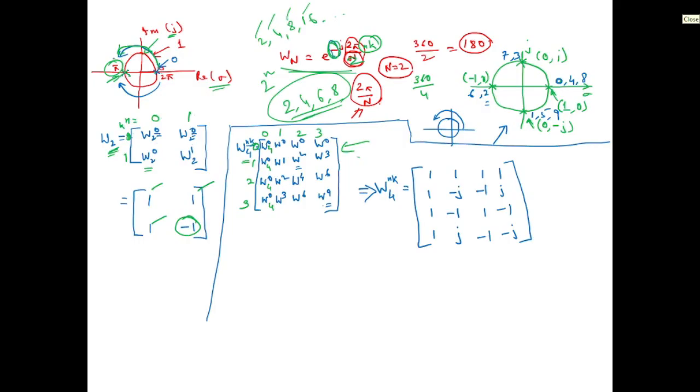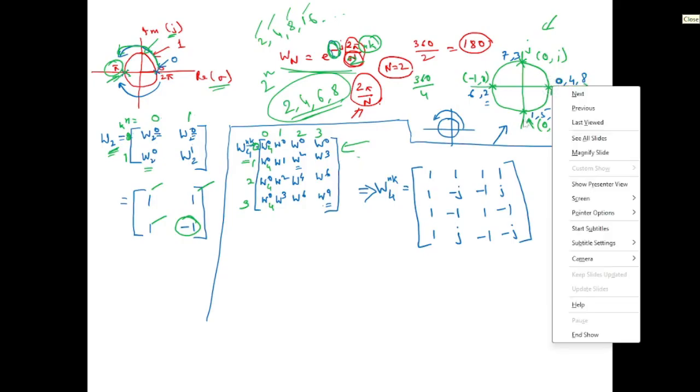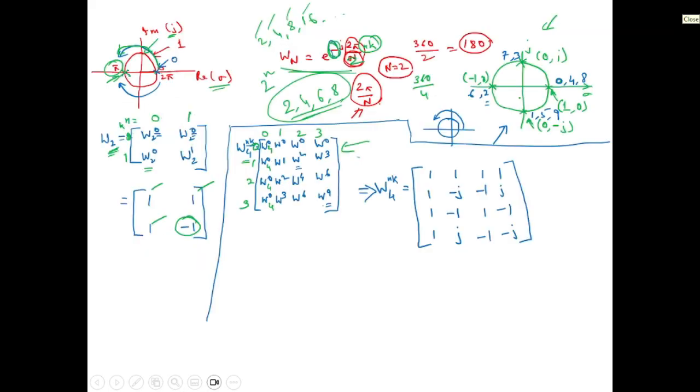That means at pi radians we had another point, so that would have been -1, right? In the case of 4-point DFT, we have to divide this circle into 4 parts. That means we are having values of 0, then 1.